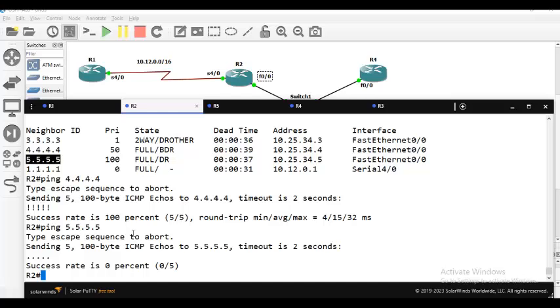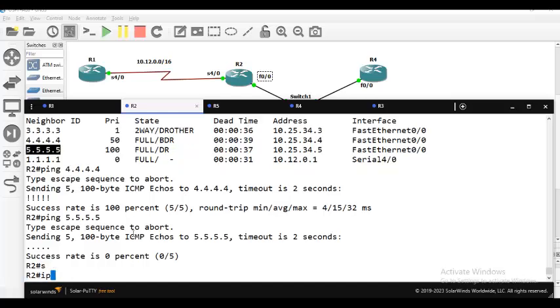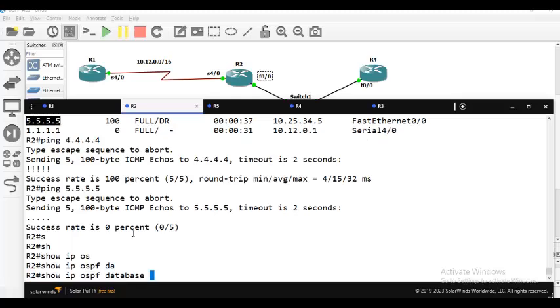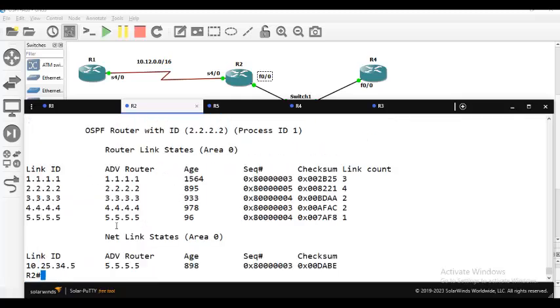Router 5. This is the F0/0 interface IP address of router 5. Though I am not able to ping, I still have it as an advertising router because you don't need this one. This is just a name to know who is advertising. This is what matters. This is the link ID.